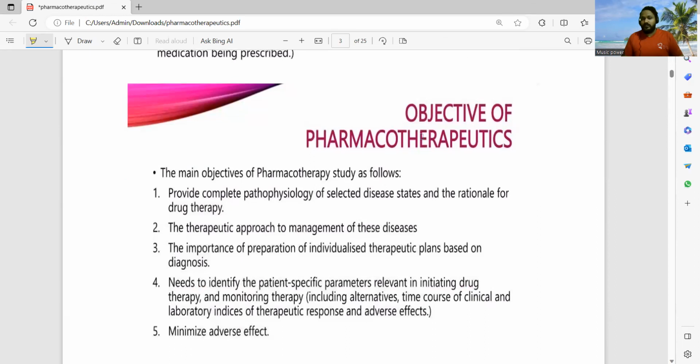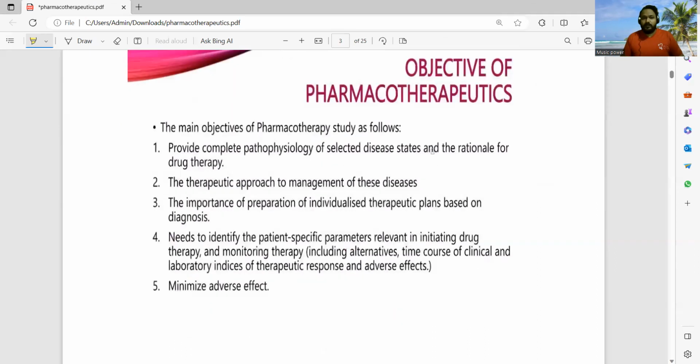Now we move to the objectives of pharmacotherapeutics.